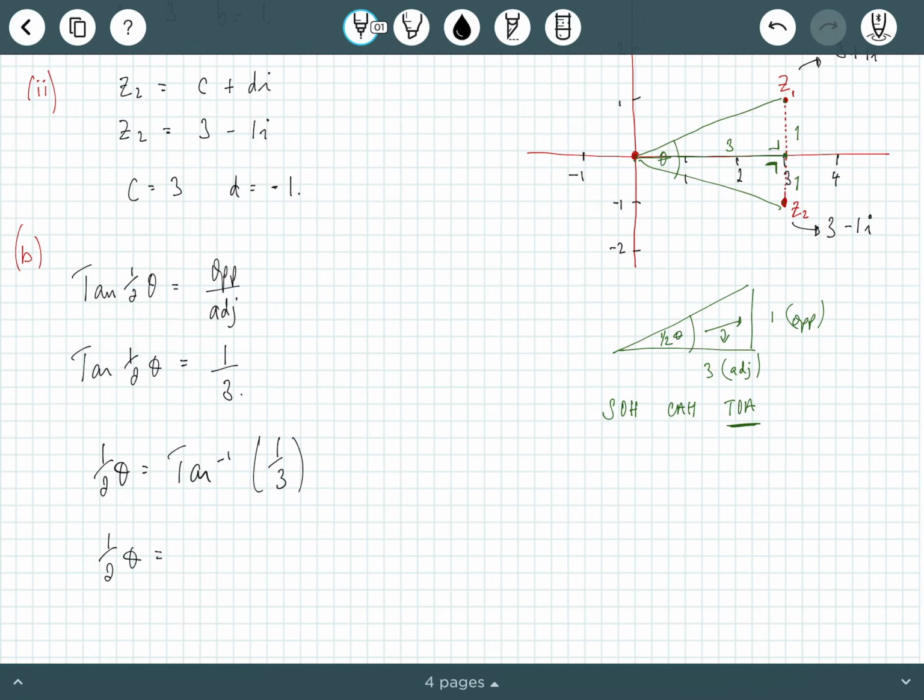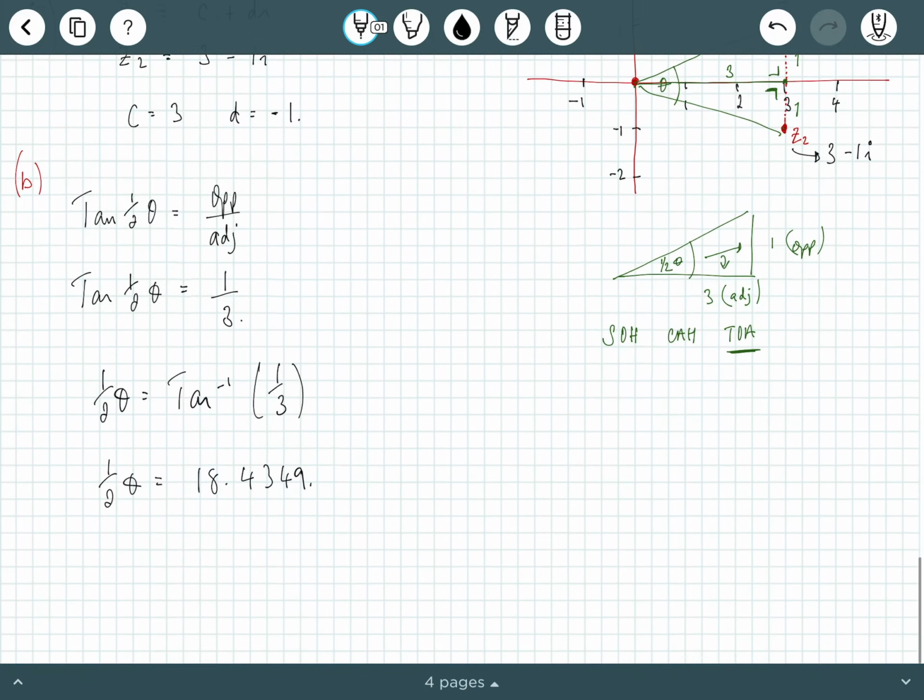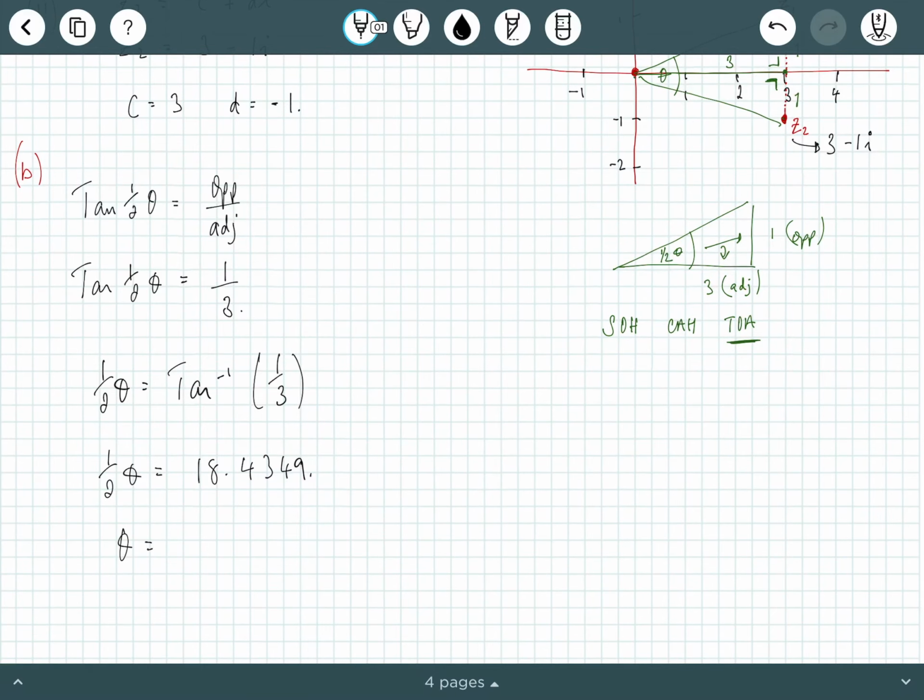So the tan inverse of 1 over 3 is 18.4349. No, I don't want half theta, I want theta. So you multiply both sides by 2, and that gives you 36.87 if you round off to 2 decimal places.